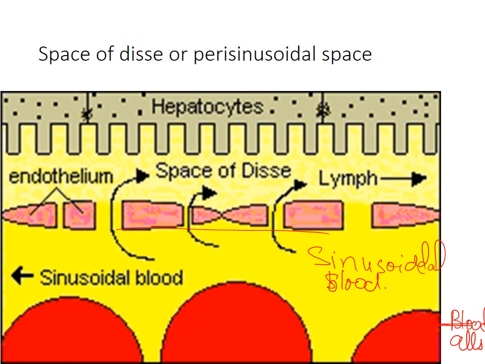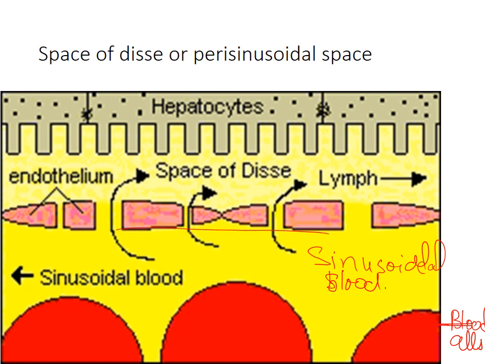You can see the blood cells in the sinusoid. Now this space between the hepatocytes and the endothelial cells is known as the space of Disse or perisinusoidal space, and it contains reticular fibers and blood plasma. This space is the site where exchange of materials between the plasma and the hepatocyte takes place.